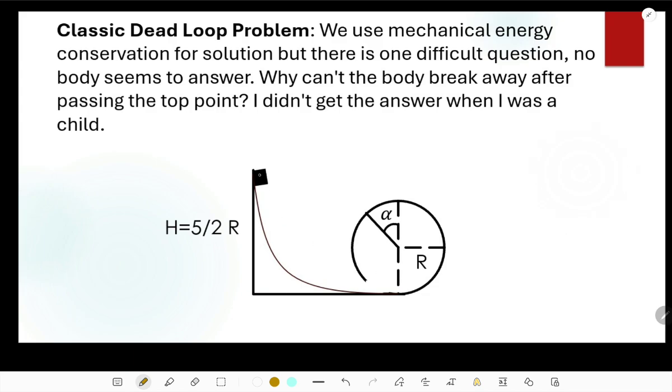If the block falls from this height, 2.5 times the radius of this dead loop, then it can continuously move in the loop without breaking anywhere except at this point, because the normal will be 0 at this point only, and at the rest of the points the normal will not be equal to 0.